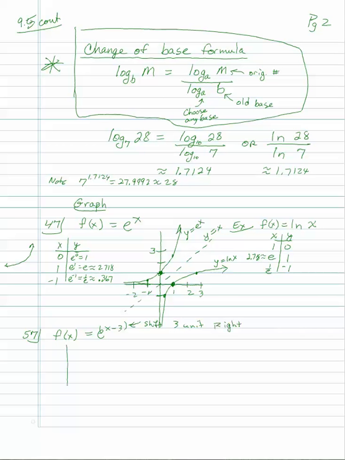So when I graph this one, it's going to be the exact same shape, but instead of starting at 0, I'm going to start at 3. I'm going to think that this is my pretend origin. So I'm going to do 0, 1, 1, 2, 3, 0, 1, counting from my pretend origin.